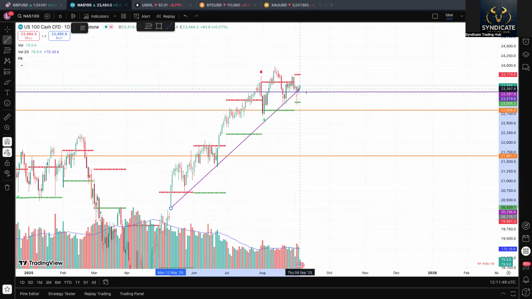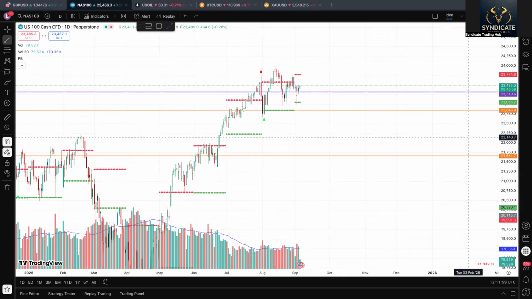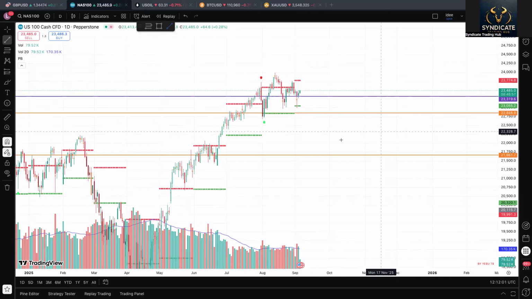If we draw it, we can see that Nasdaq is still in a full uptrend and is developing through the range. So this huge rejection over here suggests that Nasdaq will try to rally up, at least to test the 23,774 price point, and that is what we are looking at.